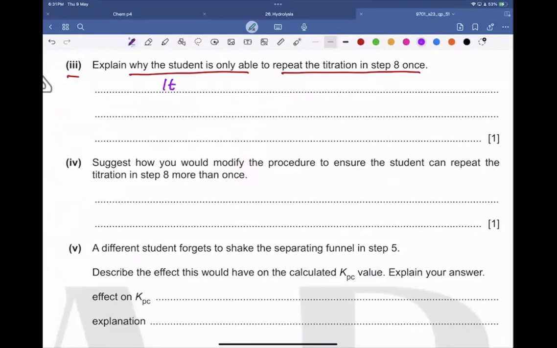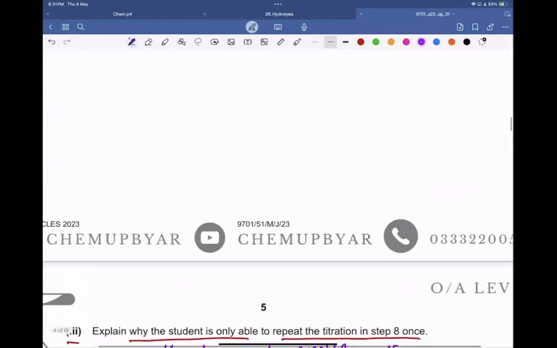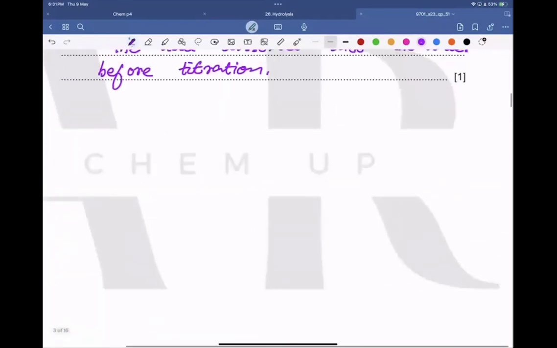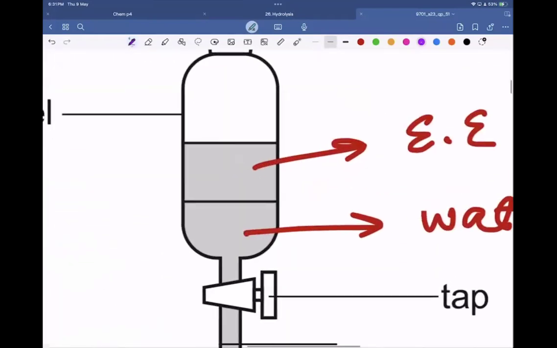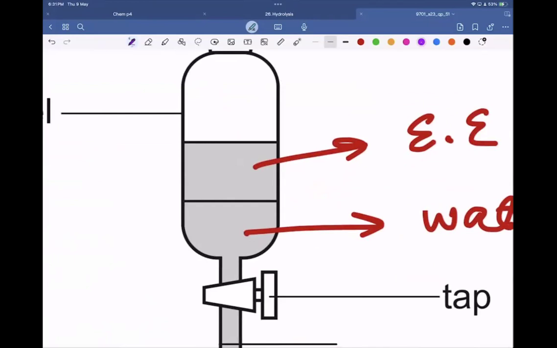What is the total volume of water? Is it possible that, if you see over here, there are two layers, so you have to discard some of the solution from this to avoid the mixing of both the layers in a container when we are separating them, right?